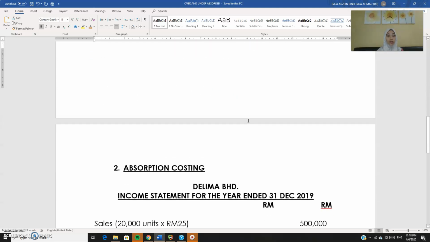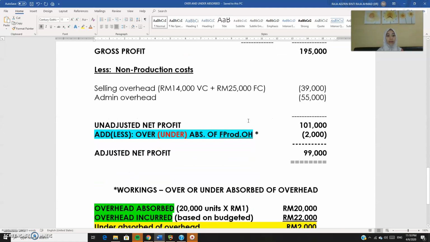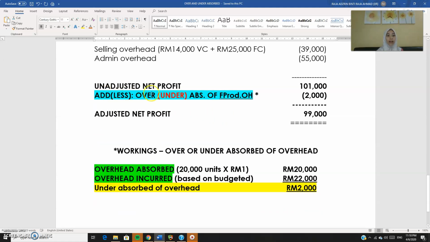If you look at our example just now, you have under absorption of fixed production overhead by 2,000. That's why you have to deduct it from your unadjusted net profit so that you have the adjusted net profit.